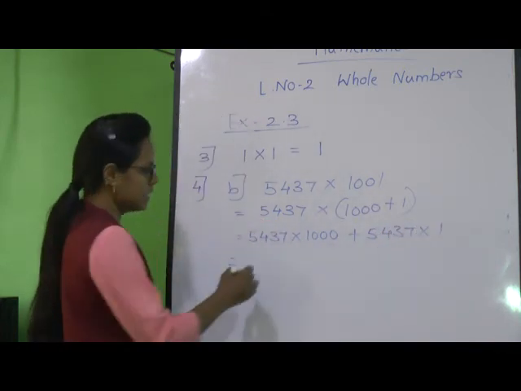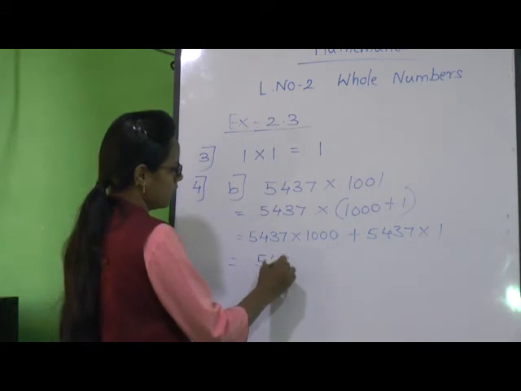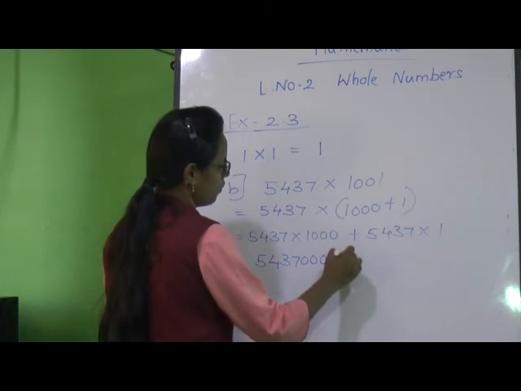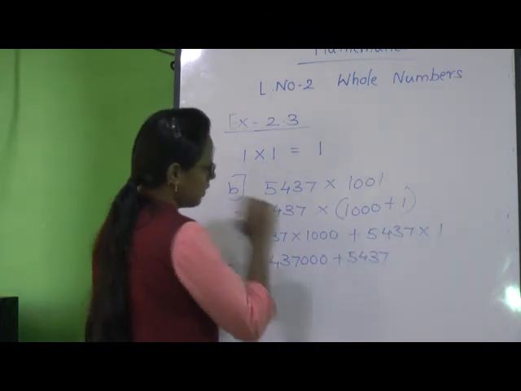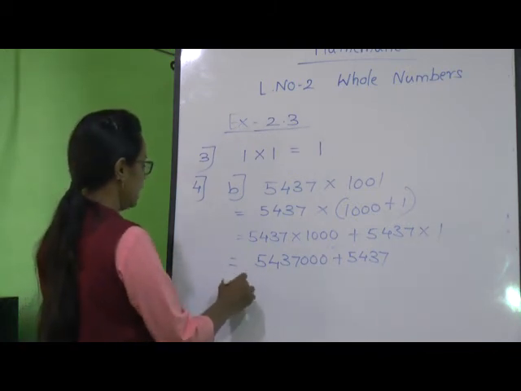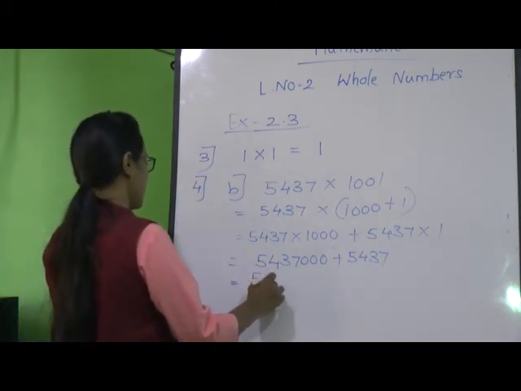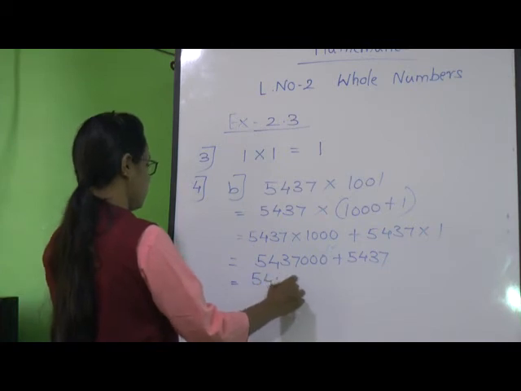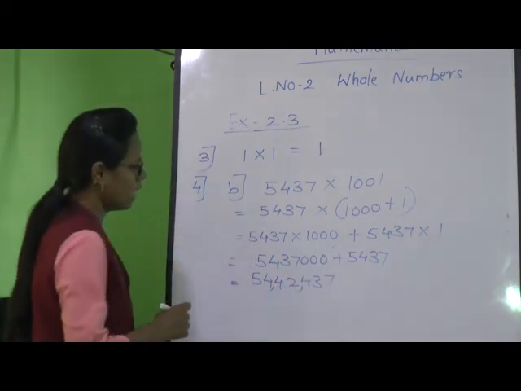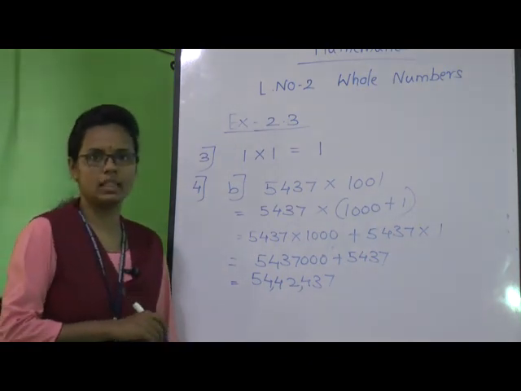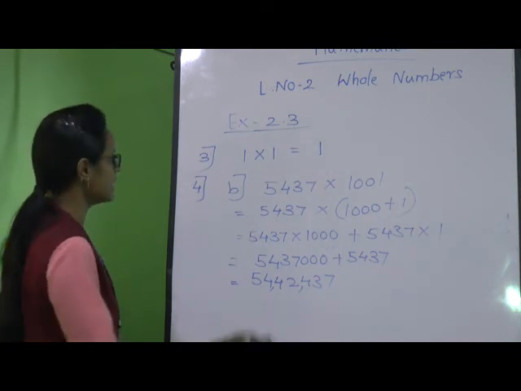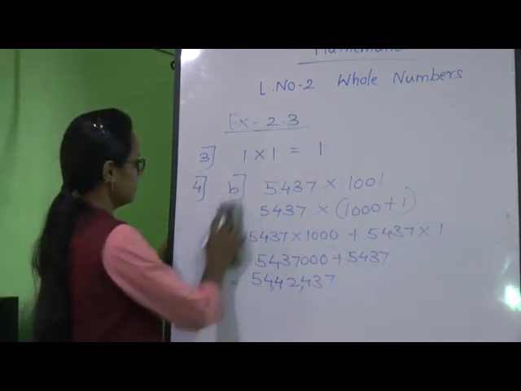Now we find the answer: 5,437,000 plus 5,437. Now we have the answers of the multiplication. Now we will add them. We get the answer 5,442,437. Okay. Let us see the next example.